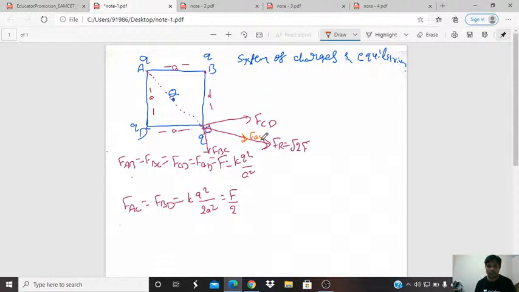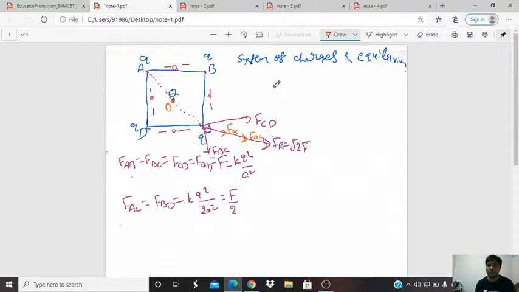And another force also, due to this charge, let it be O, FOC. Let this be a positive charge. You can consider any positive or negative, no problem, finally you will get the answer. So, due to Q at A, FAC, and due to the charge at O, FOC.